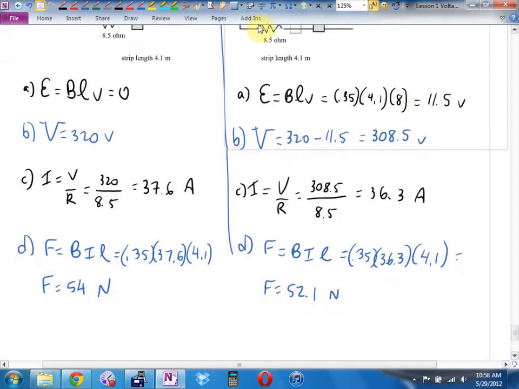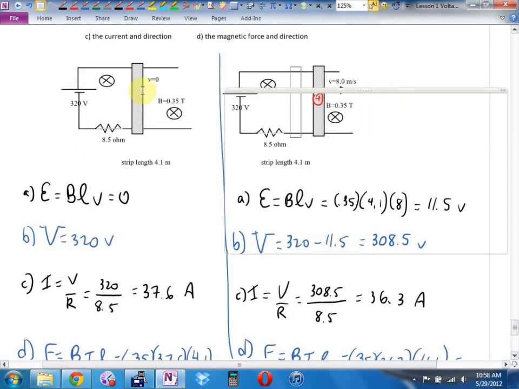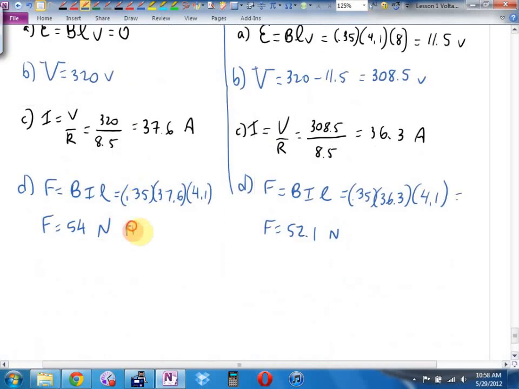Force a vector? Yes, it is, and they want direction. Let's use our right-hand rule to figure out the direction. Here, in situation A, the charges are moving downwards based on the battery. So thumbs down, magnetic fingers into the page. To the right.